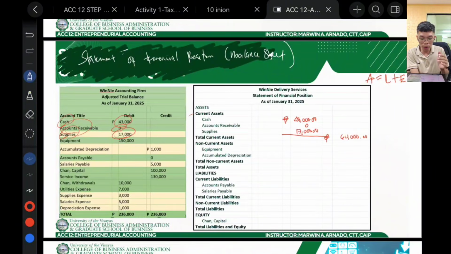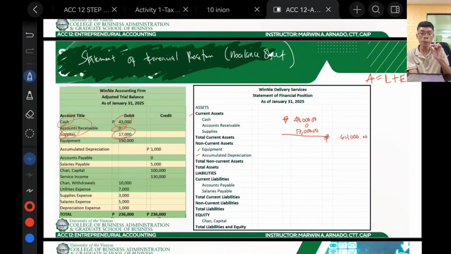Okay? Next is non-current assets. If we recall, non-current assets are assets that can be used by the company for more than 12 months, or for more than 1 year. So we have here equipment and its contra asset, accumulated depreciation.